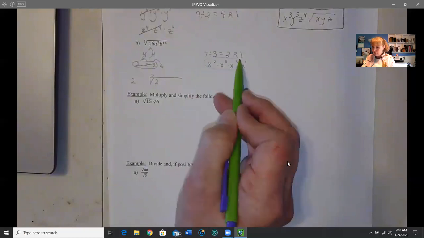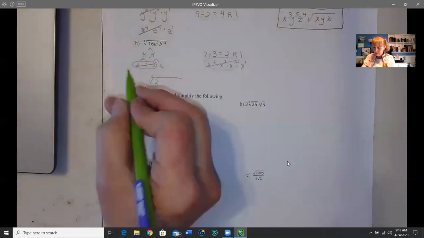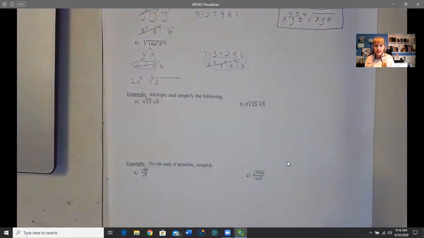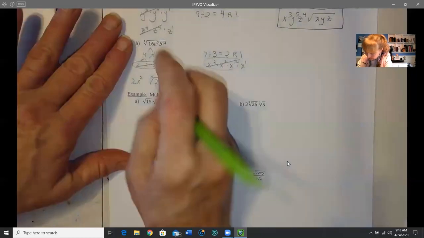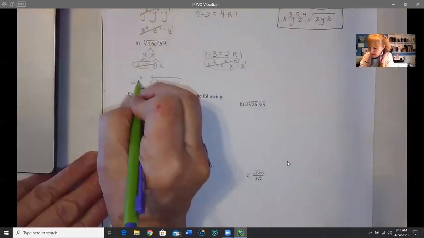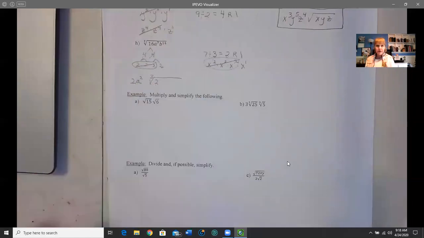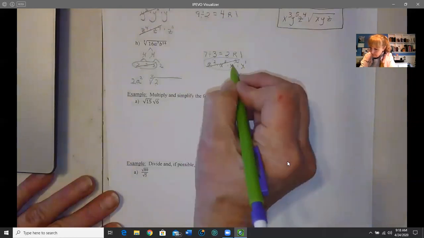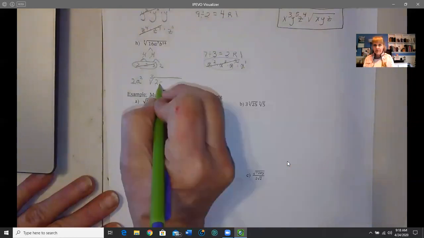Those will come out as an a squared. Oh, sorry, it's not an x, it's an a. Well, I think you guys have the idea, so I'm just going to change it to an a. I get so used to using x's all the time. You're just going to have to pretend those are a's, guys. Sorry about that. And we have an a to the 1st left over.